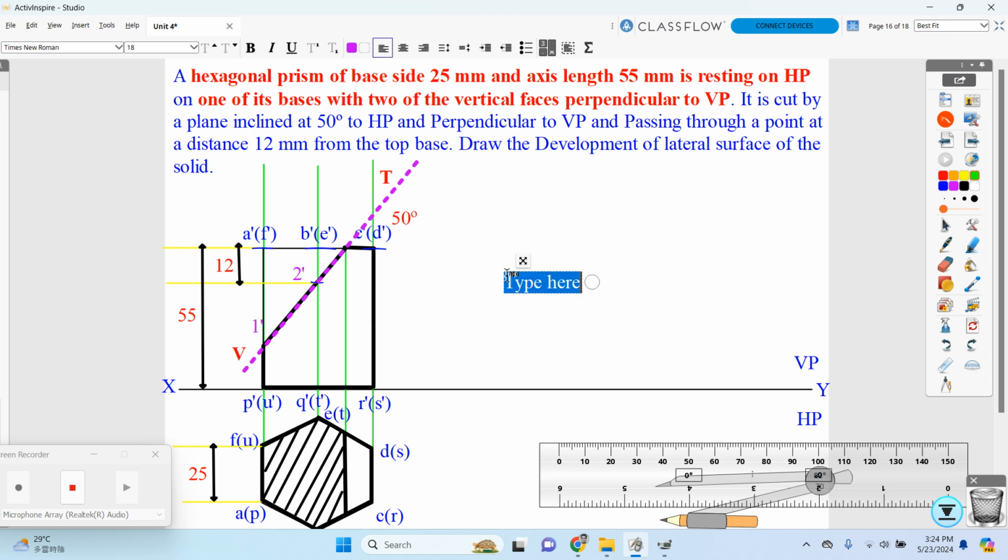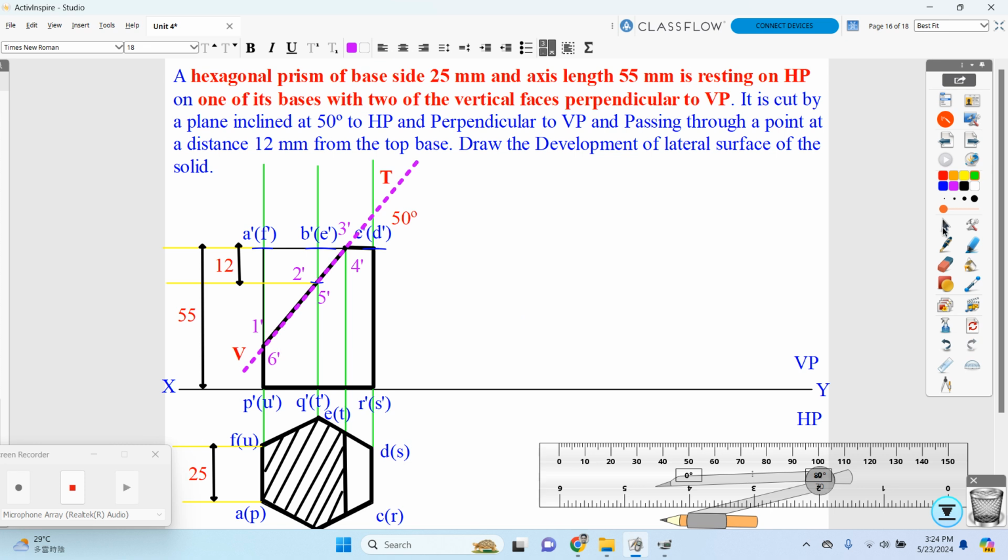Then 3 dash, my third point, followed by 4 dash over here, then my 5 dash over here, and 6 dash over here.